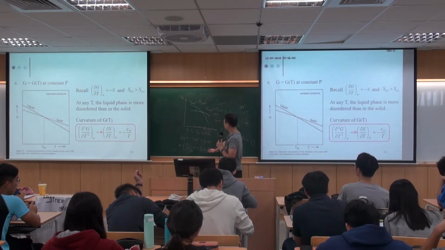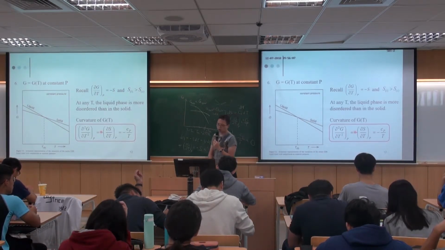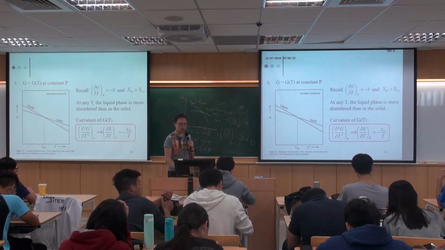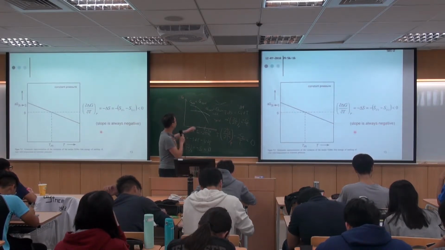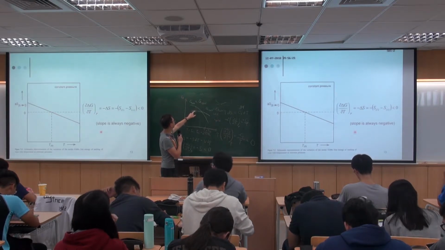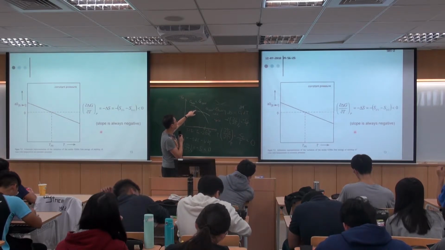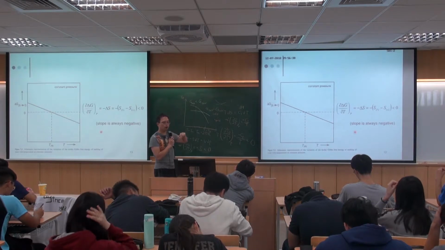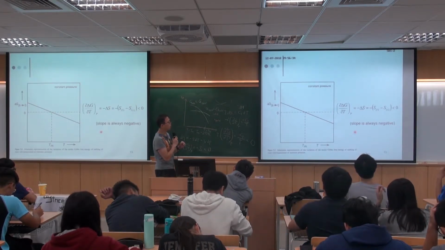And again, these two features are very important. The curvature and the slopes should always be negative. So if you take the difference of these two lines, over here the difference will be a positive number, but over here, the difference should be a negative number, depending on which kind of reaction you're talking about.